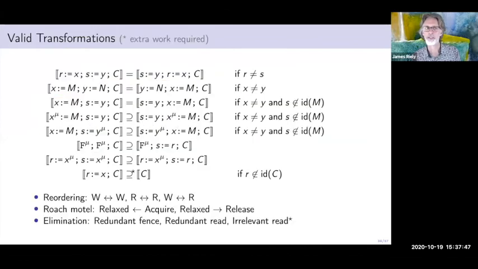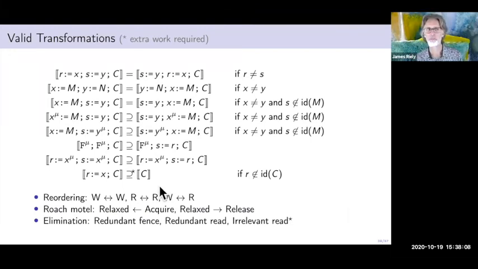There's a lot of transformations that this validates. So we get all the reorderings you expect: write to write, read to read, write to read. We get Roach Motel both ways for release and for acquire and release. We get redundant fence elimination, redundant read elimination, irrelevant read elimination.